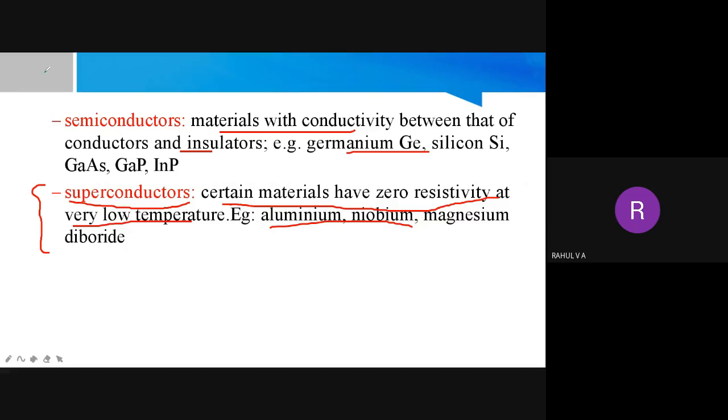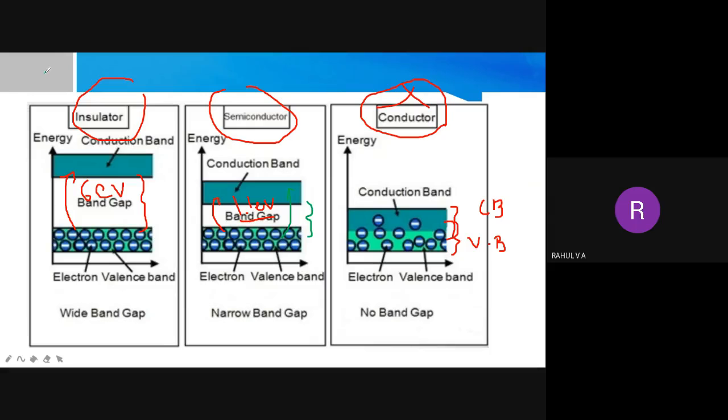And semiconductor means it has properties of both insulator and conductor, and superconductor means at low temperature some materials have zero resistivity, that is zero resistance. That means they come under superconductor. Then we discussed the energy band diagram of insulator, semiconductor, and conductor.